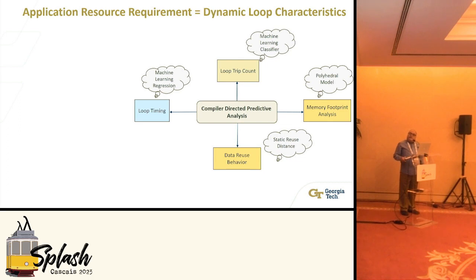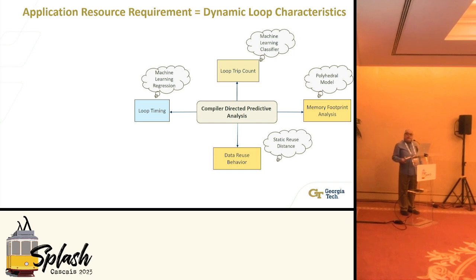We use SSA-based static analysis at the LLVM IR level, combine it with ML, and generate models which sit there and predict the trip counts. Then we use these predicted trip counts and generate a loop timing model, which is very interesting, to determine an estimation of how long this particular loop nest will take. We generate that. We generate the memory footprint analysis.